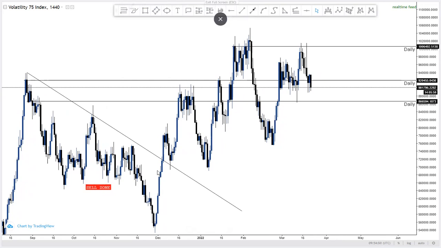As you can see, the market pushed and made a higher high there.